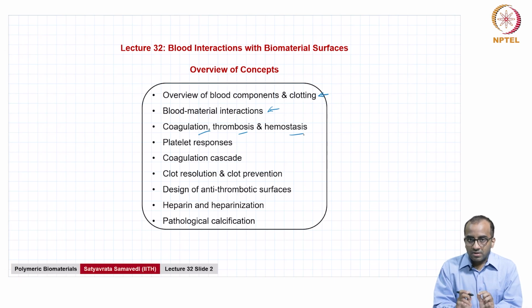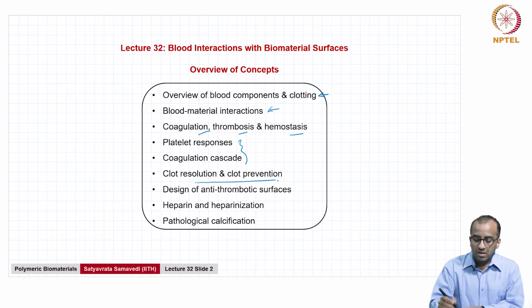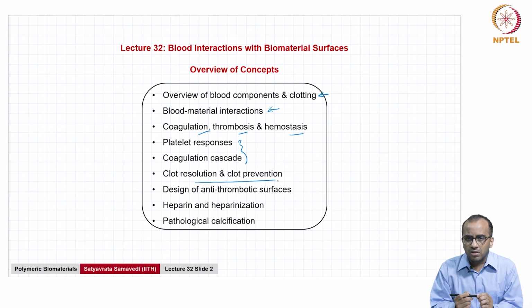And we will focus quite a bit thereafter on platelet responses, which are the key drivers in coagulation and the cascade thereafter, as well as the key players involved in the blood coagulation cascade. Then we will look at how clot is resolved and look at some strategies to prevent clots.